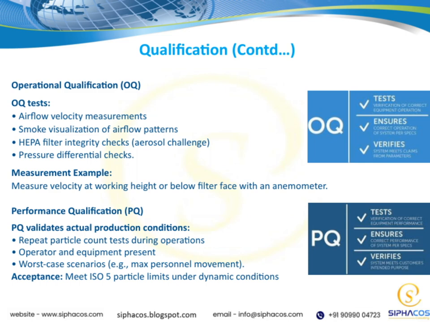We also test under worst-case scenarios, such as maximum personnel movement, to ensure the environment remains stable even under challenging conditions. The key acceptance criterion here is that the environment consistently meets ISO 5 standards during dynamic, real-world operations. This step confirms that the cleanroom performs reliably during everyday use.